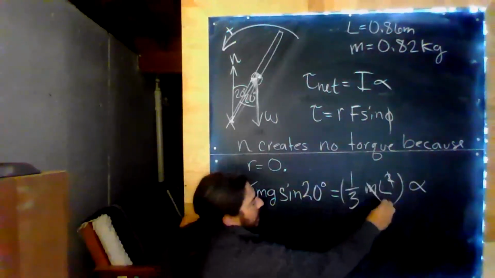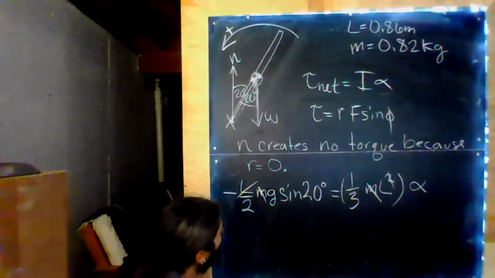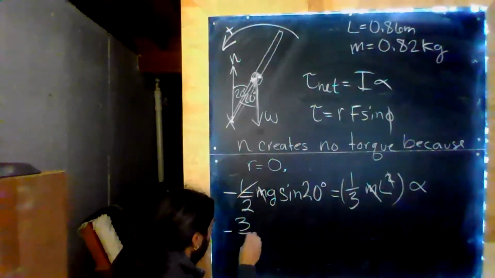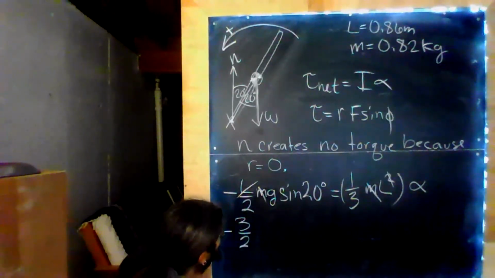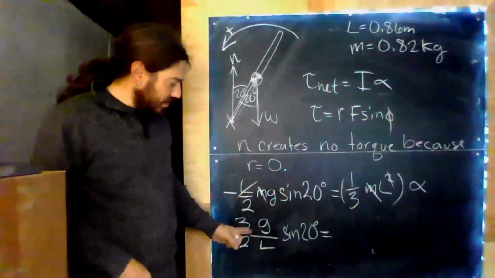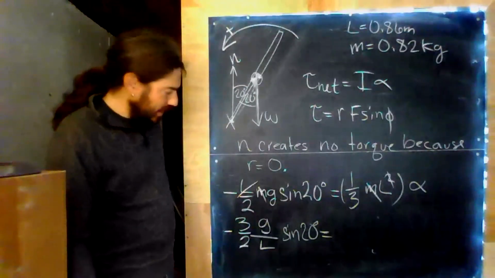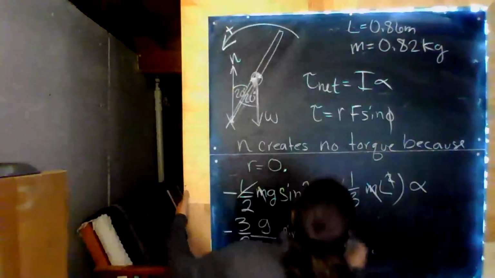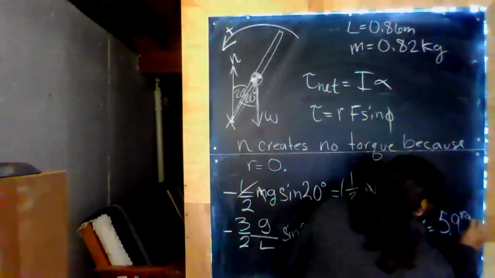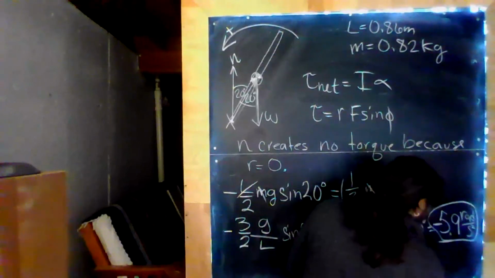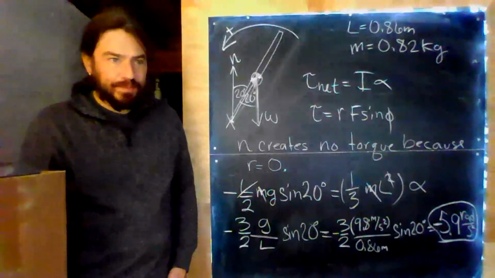I feel all right about it. My m's cancel, and I can solve for alpha. I get negative 3/2 g over L. Okay, so doing my algebra, I get alpha equals this business here. And now I can plug in my numbers. I get 5.9 radians per second squared, negative because it's accelerating in a clockwise sense.